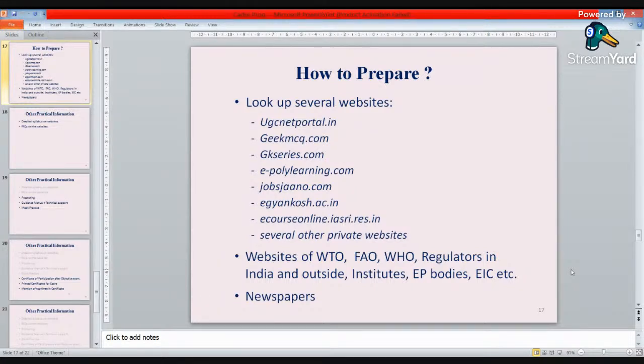Views may be different in different newspapers. But that is how a précis is written. That is how pros and cons of both sides of the coin are discussed in an essay and presented. And this is what you need to develop that skill. And for that, you got to read newspapers.